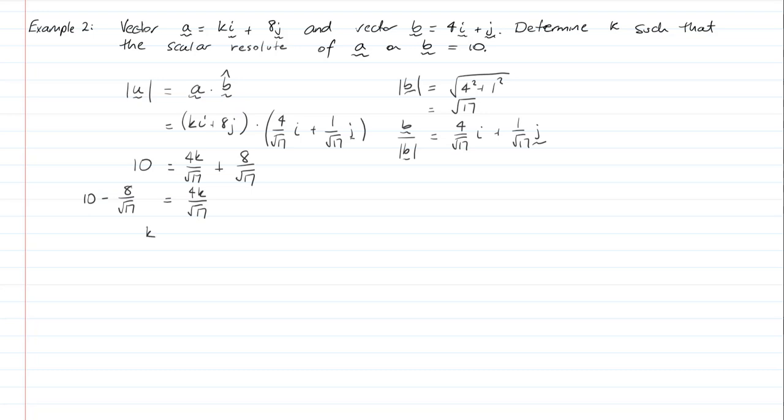I bring the k over, and I have root 17 over 4 times 10 minus 8 over root 17, and this will simplify reasonably nicely in that I get 5 root 17 over 2 minus the 8 and the 4 cancel out, the root 17 and the root 17 cancel out, leaving me with 2. So k is equal to 5 over 2 root 17 minus 2.